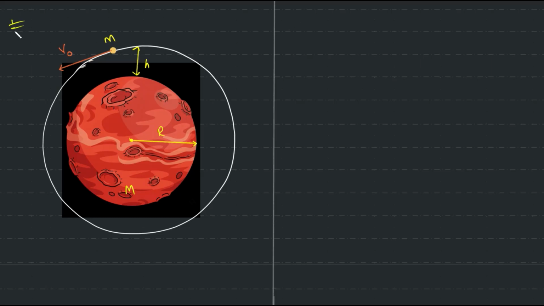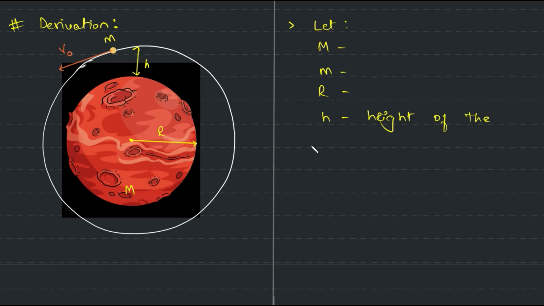Now we'll start with our statements. So first, let M be the mass of the planet, m be the mass of the satellite, R be the radius of the planet, and h the height of the satellite above the planet's surface.